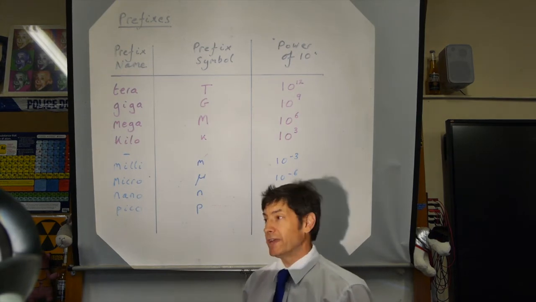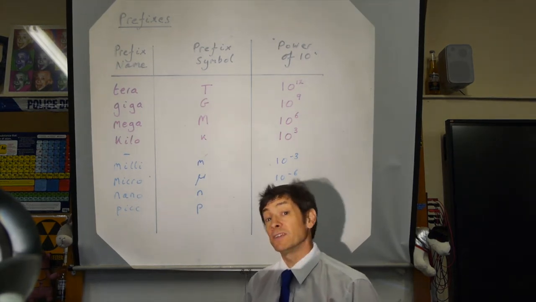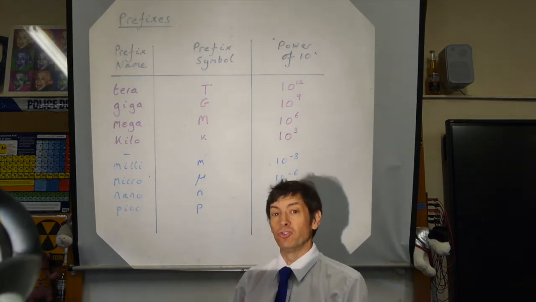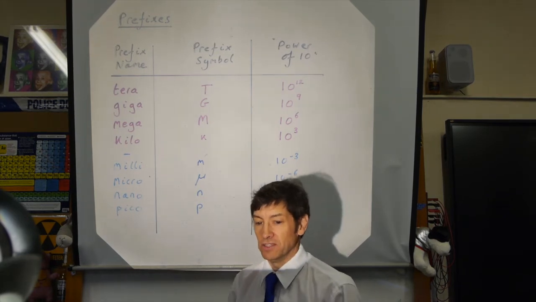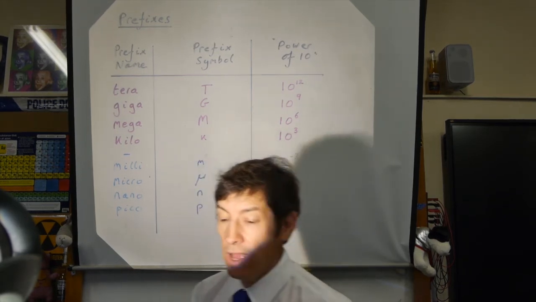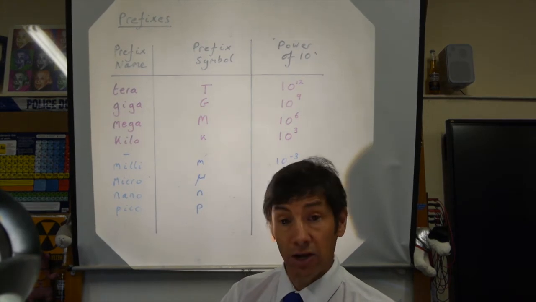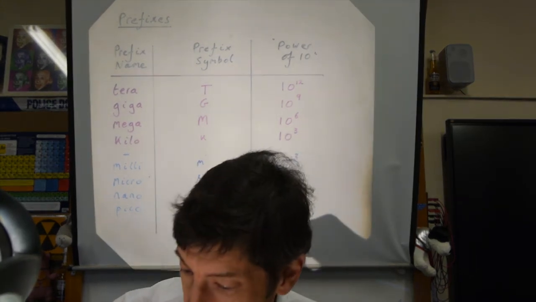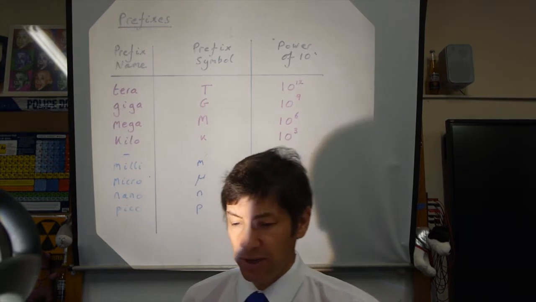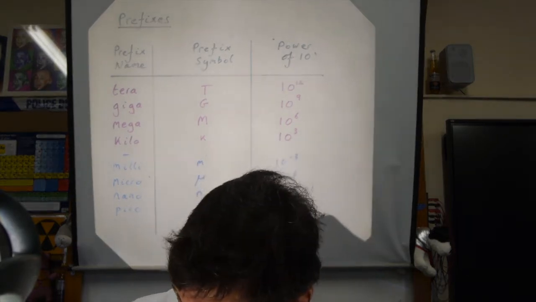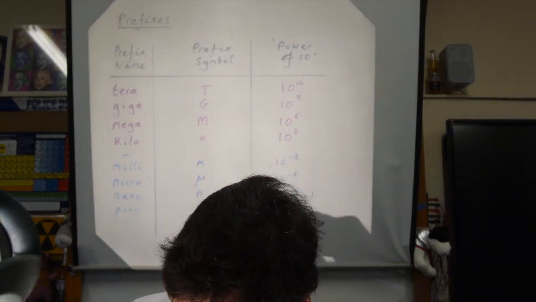The nanometer will measure wavelengths of light, in hundreds of nanometers. And finally, pico, which we don't use a great deal at A level. We do in electronics, for measuring capacitance, but that's another story. It's 10 to the minus 12.